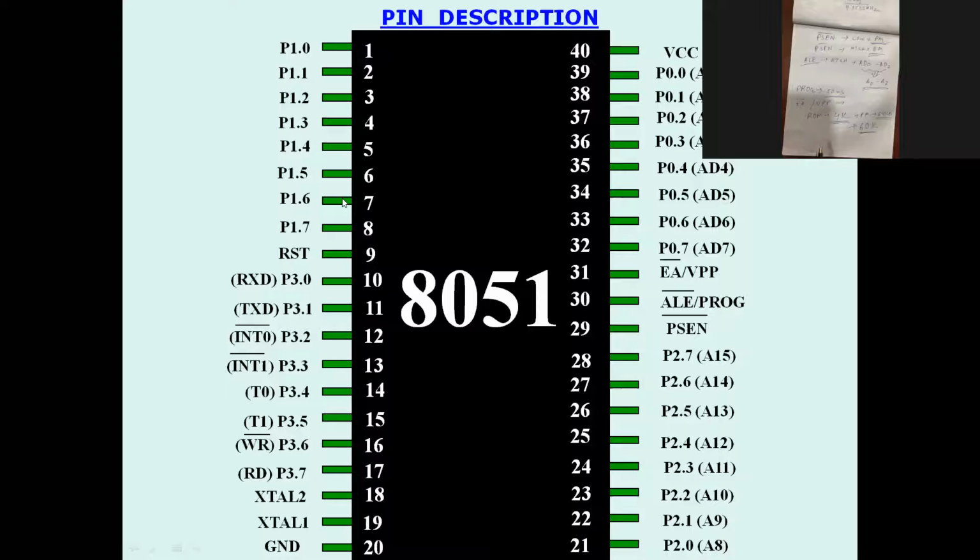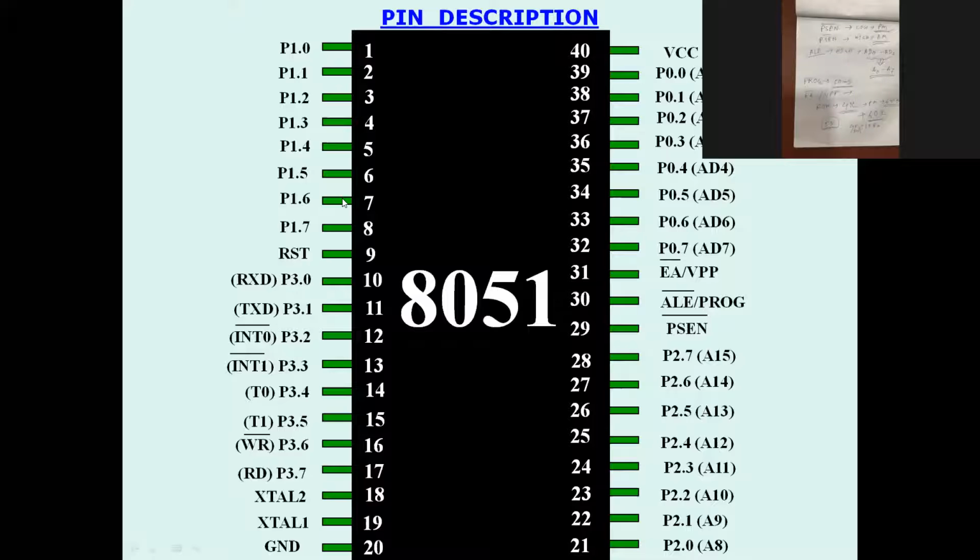Say you need 5K memory where you write the program. It may be that this 5K is connected externally. It may be 4K internal plus 1K external. So 4K is internal and 1K external, so the total will be 5K. Is it clear or not?